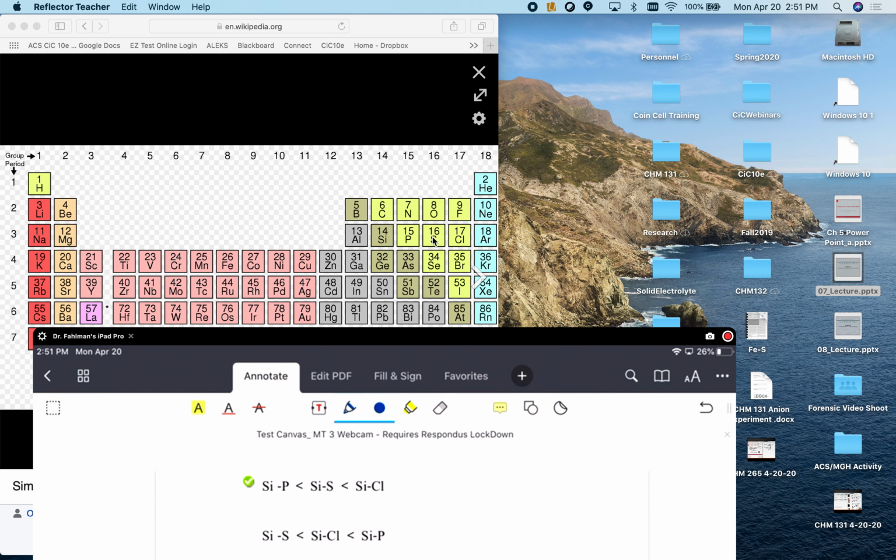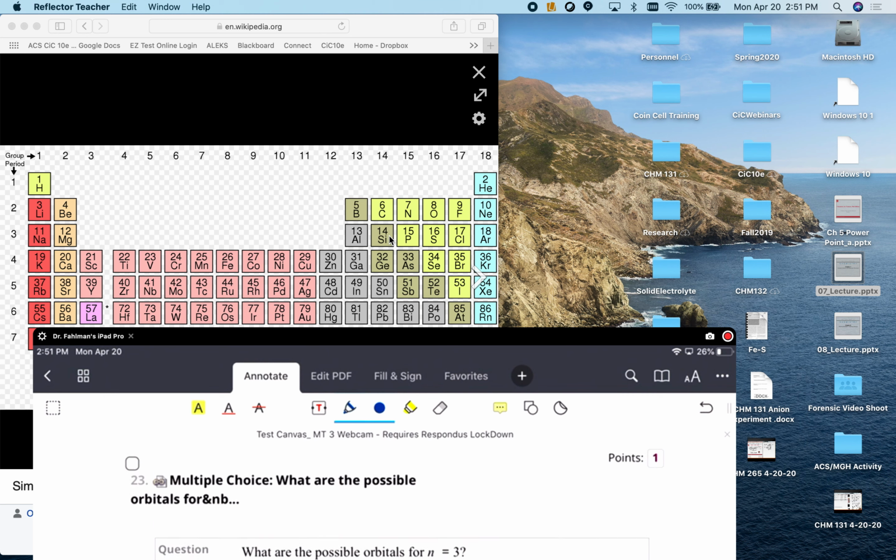So again, silicon chlorine is the biggest difference in electronegativity, so it will be the most ionic. Then you've got silicon sulfur and then silicon phosphorus.